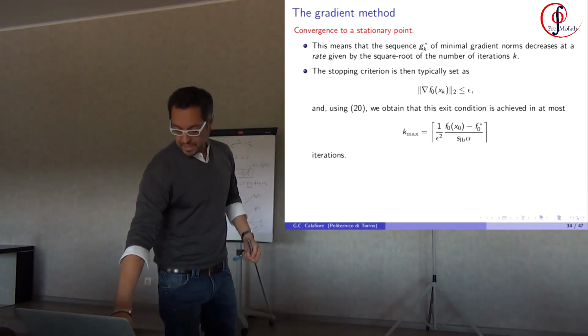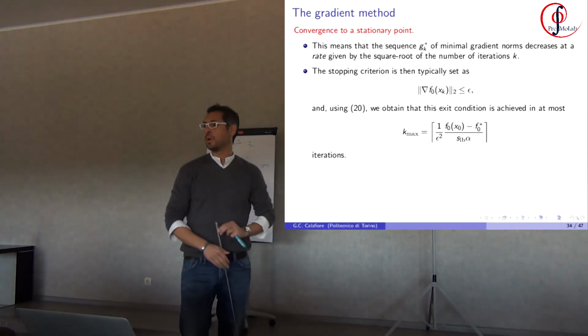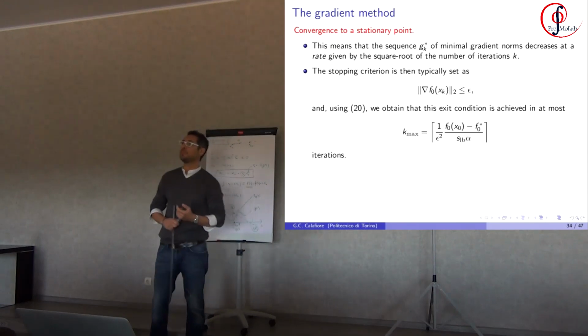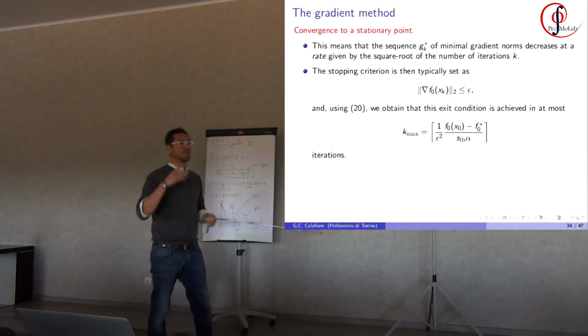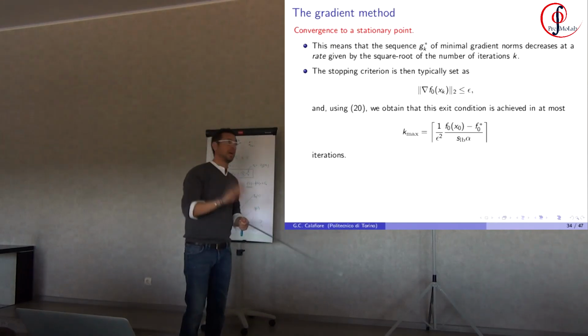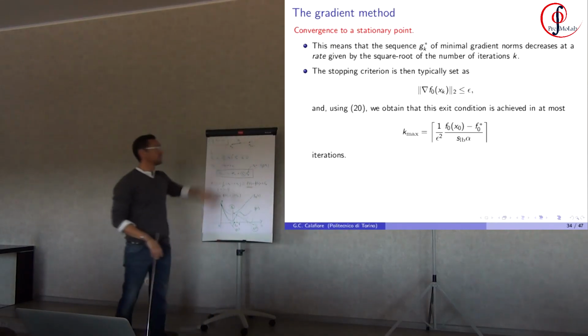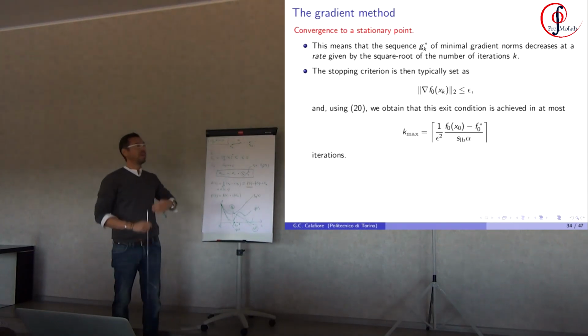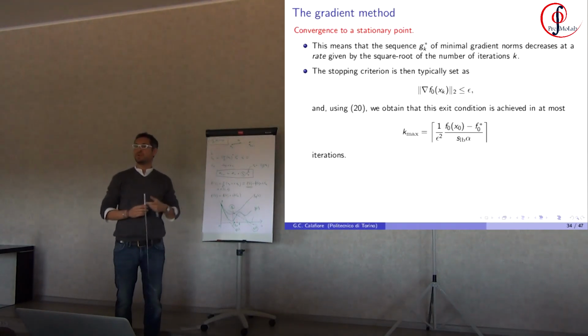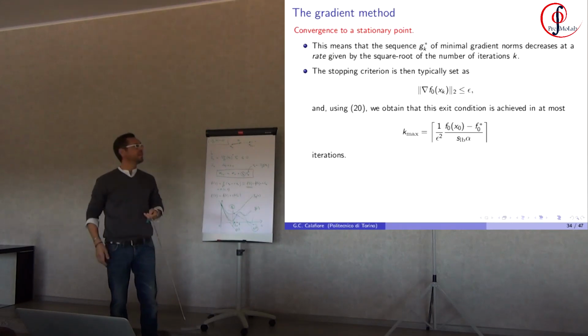This also gives us a useful so-called stopping criterion for our algorithm. Since the purpose is to find a stationary point, a point where the gradient is 0, we will never actually get a stationary point because this is achieved at infinity.